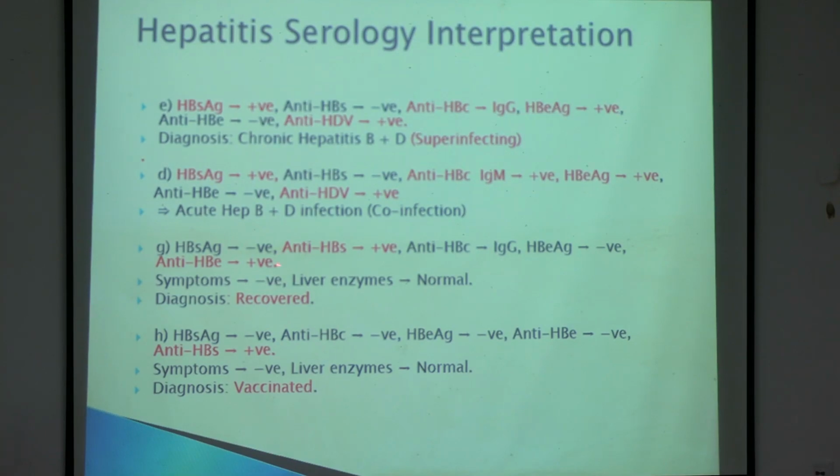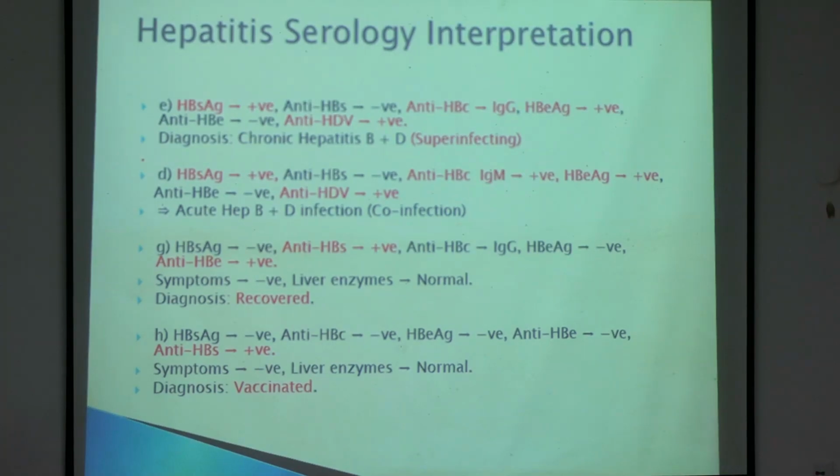So he has anti-HBs positive. What is that? Antibodies to the HBs antigen. Next, anti-HBe positive. What is that? Antibodies to the HBe or the pre-core antigen. It's fine, he's recovered. We have treated.